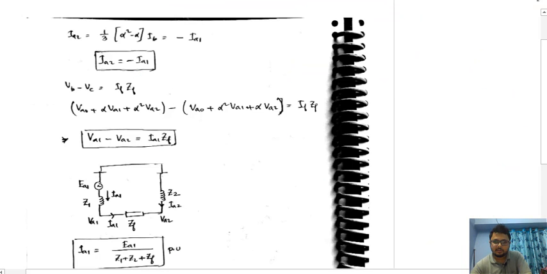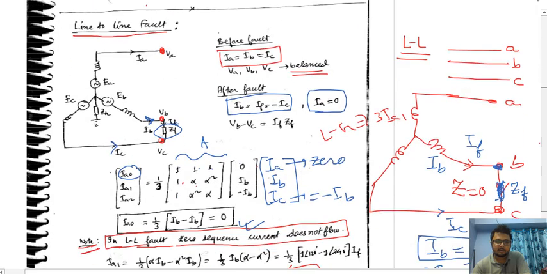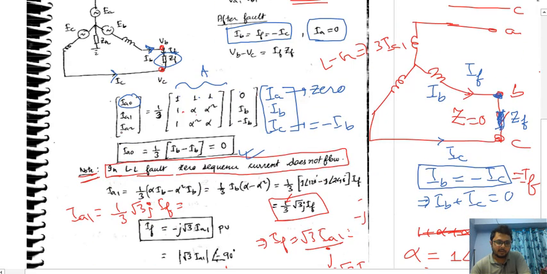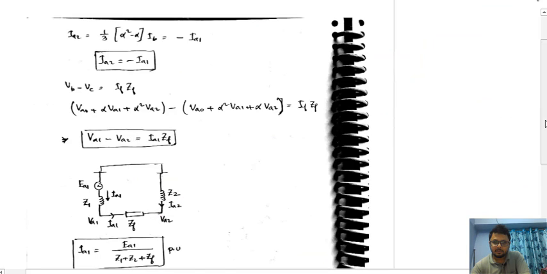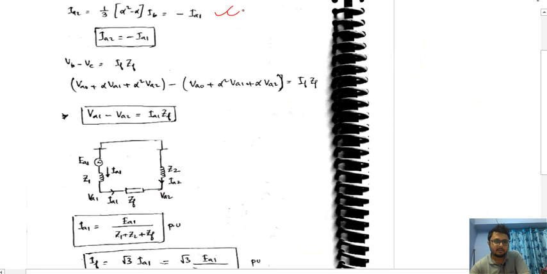Now IA2. Simple. IA2 is 1 by 3 times of 1 into 0 plus alpha square into IB plus alpha into minus IB. If you simplify, you will get this. Alpha square is 1 angle 240 minus alpha is 1 angle 120. Here we are getting alpha square minus alpha, but in case of IA1, the positive sequence current, we got alpha minus alpha square.